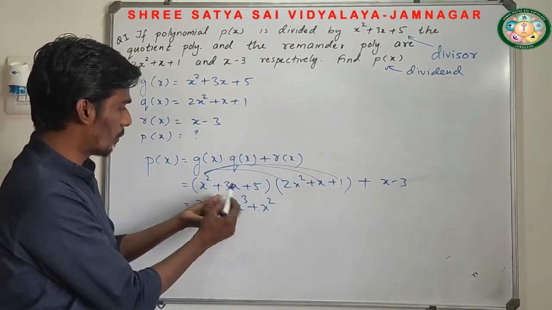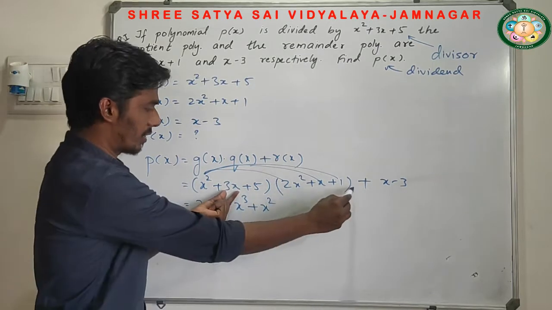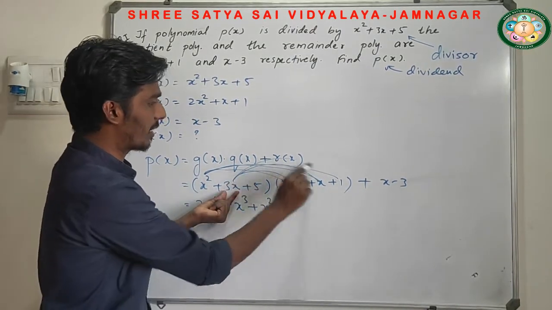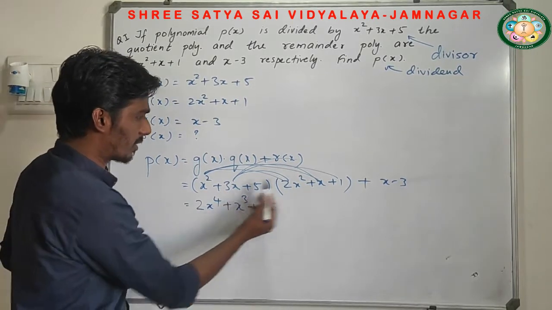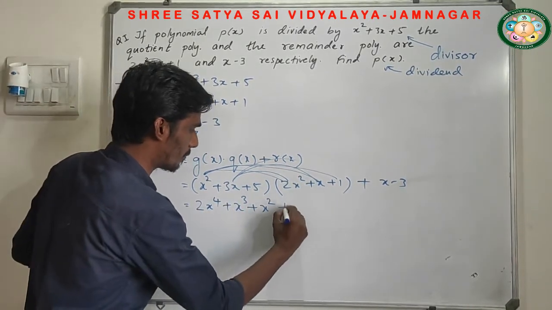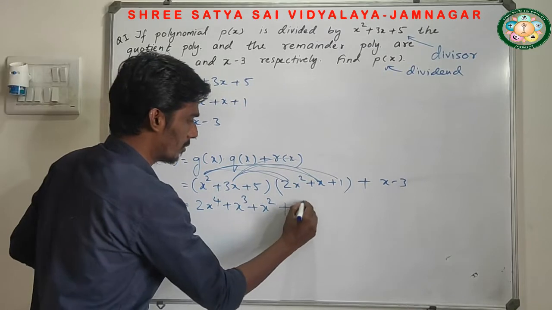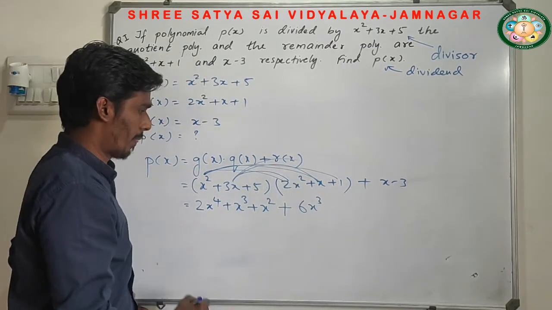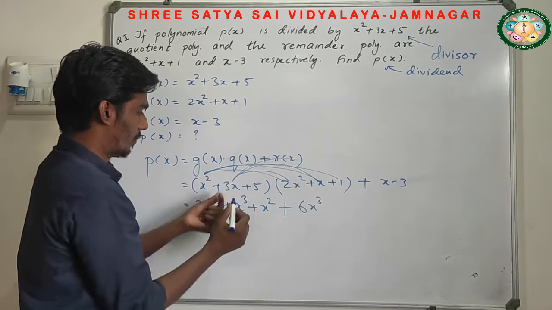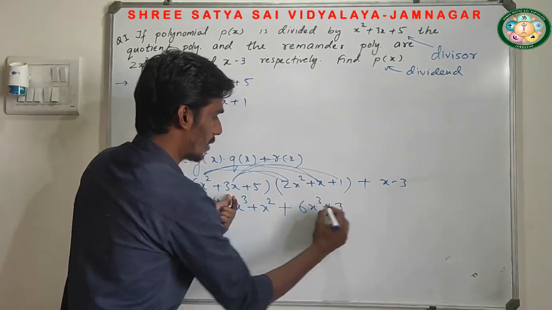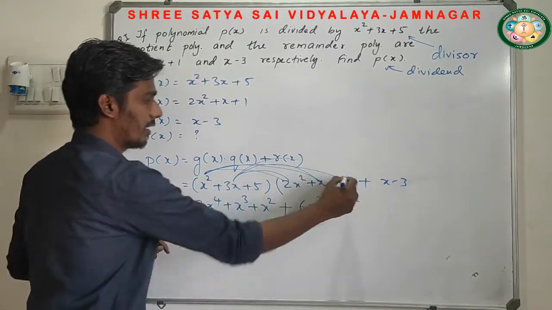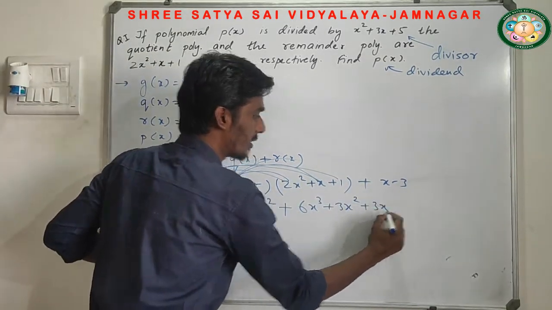Now same way I am going to multiply this 3x with all these three terms. 3x into 2x square, 3x into x and 3x into 1. 3x into 2x square is how much? 3 2s are 6, x into x square, it's x cube. 3x into x, it's what? Plus 3, x into x, it's x square. 3x into 1 is what? 3x itself.